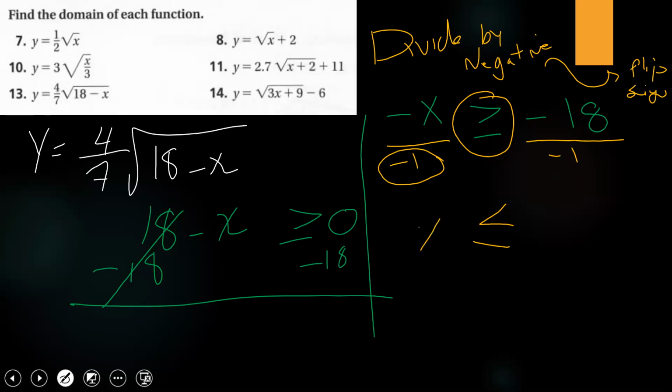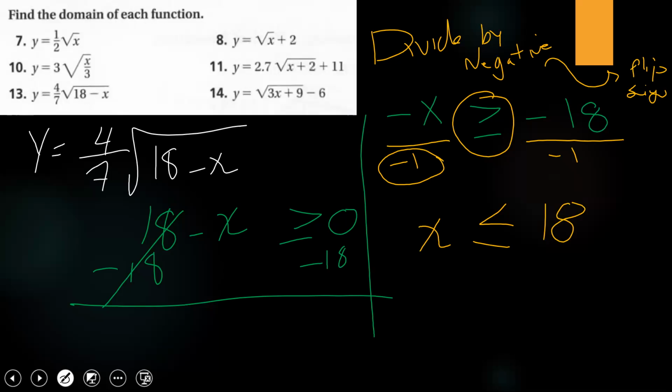So x is less than or equal 18. So what does it mean? That means the domain is all the real numbers less than or equal 18. Is it clear now?